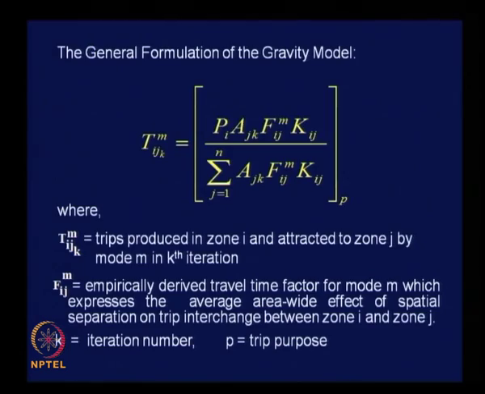Please remember we have introduced one constraint already in this model formulation with regard to trip production. The sum of the cell values along the row should be equal to the total trip production. That constraint was taken into the modeling process itself. We derived the k value based on that constraint. So this formula will give a result where the total of cell values is the total trip production, without any change.